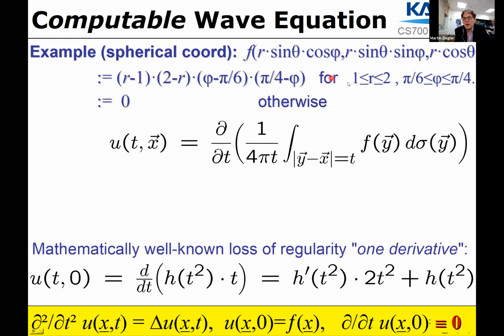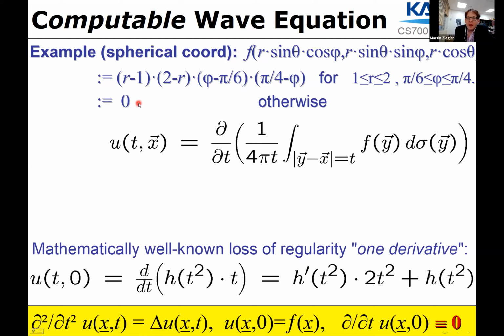For instance, at the boundary when r is equal to 1 or r equal to 2, this part vanishes. And whenever the angle is pi over 6 or pi over 4, then this part vanishes. So this is a way of continuously extending the first case to the whole space.